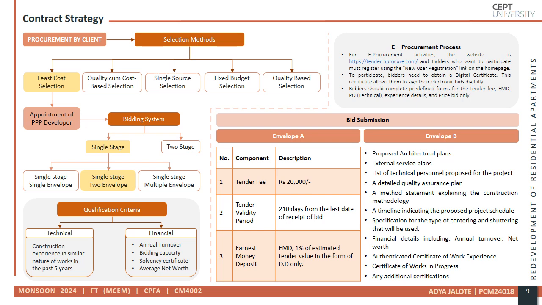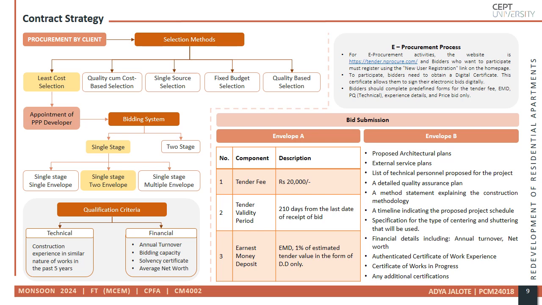The next step is the appointment of the PPP developer through a competitive bidding process. The procurement strategy follows the least cost selection method followed by a single stage two envelope system for bidding. In this method, envelope A contains technical details such as tender fee and the earnest money deposit.